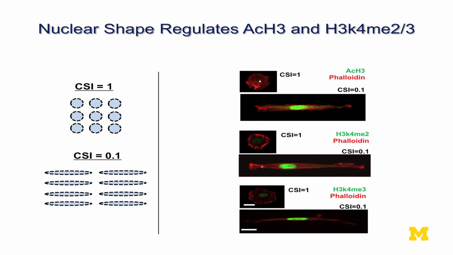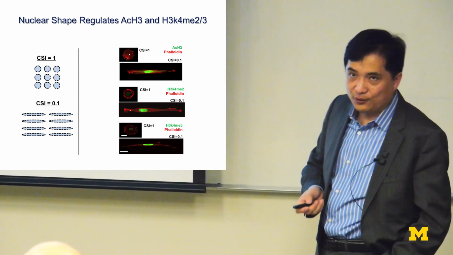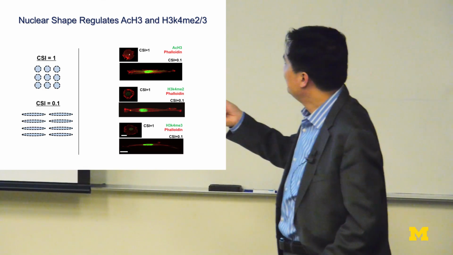So we did this experiment. In this case, we used a microstamping technique to pattern islands of matrix in either a perfect circular shape or an elongated shape. In these two cases, they have the same culture area, but different cell shape index. Of course, this is a single cell culture.